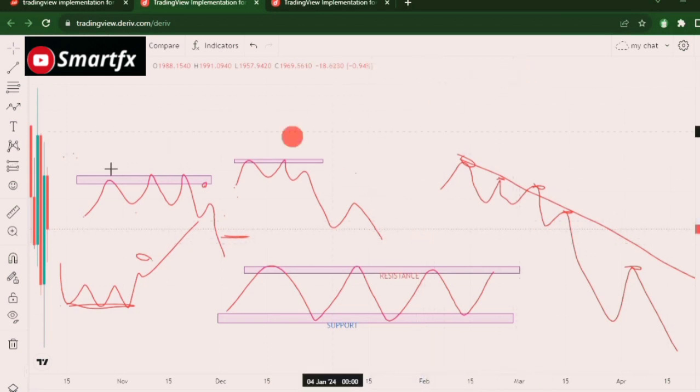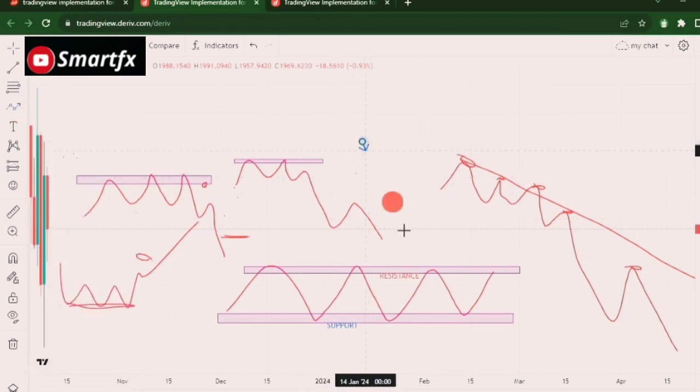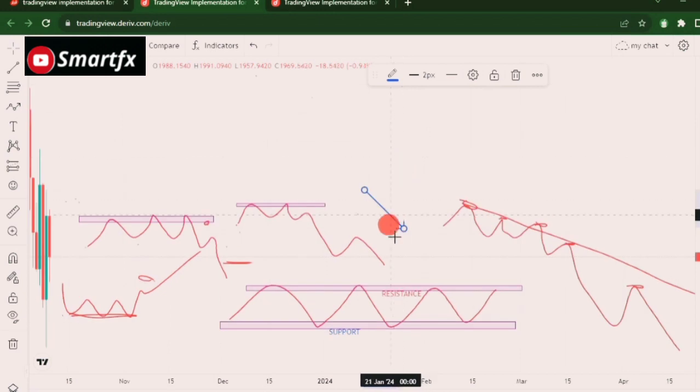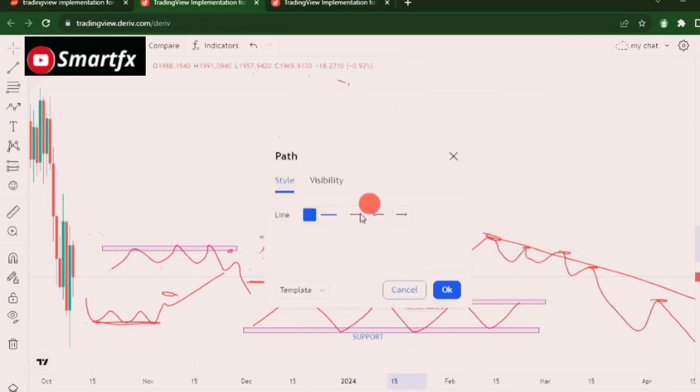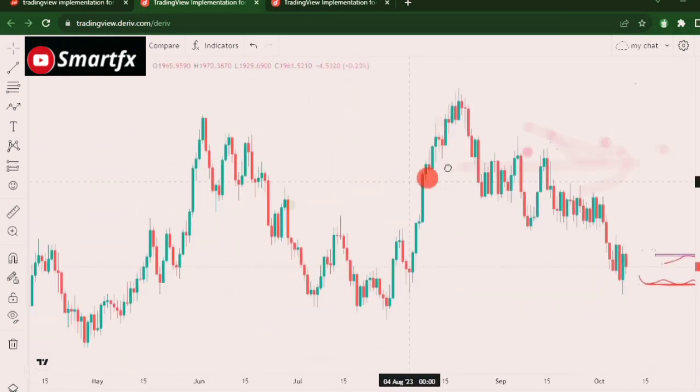These are the patterns you will be watching out for as a price action trader. So I will come to the chart and show you some examples.